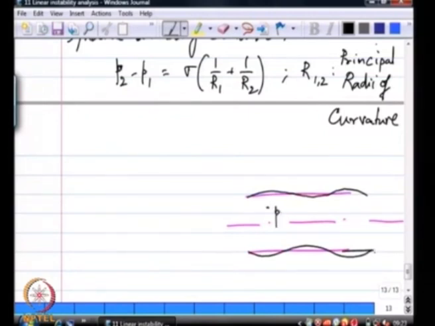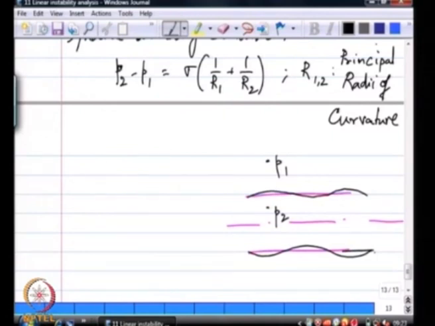Now, the pressure inside here is P2 and the pressure here is P1. We are only talking of the perturbations from the unperturbed condition. So, these lower case p1 and p2 are the additional pressures due to the perturbation. Okay. Capital P1 and capital P2 were our mean pressures before the perturbation.